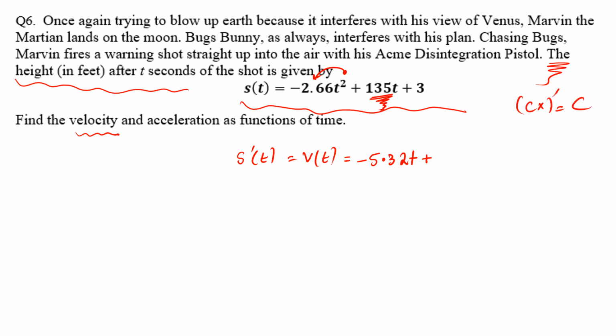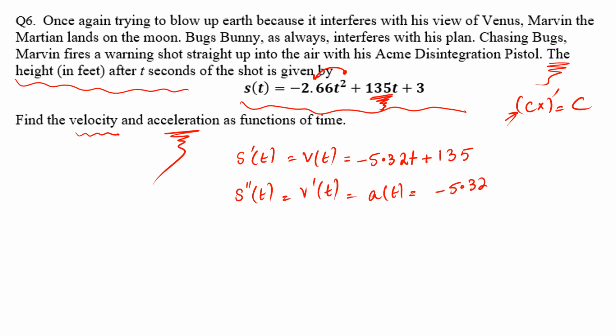So 135t will be only 135. Take the double derivative of the position, or the first derivative of the velocity, and it will give us the acceleration. So again, constant multiple rule. So we will get minus 5.32, and the derivative of a number is 0.